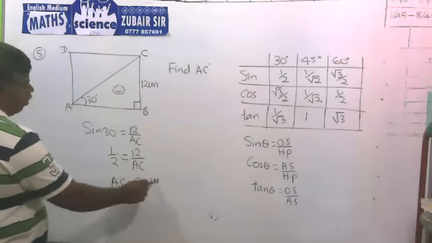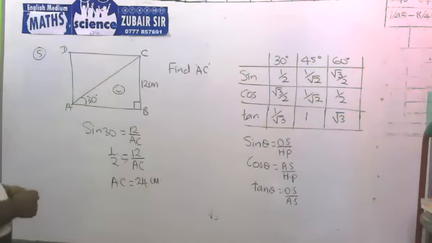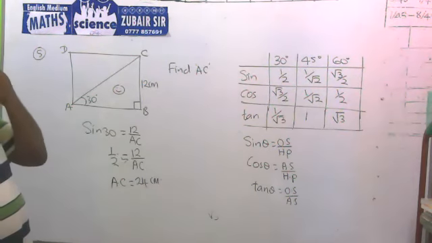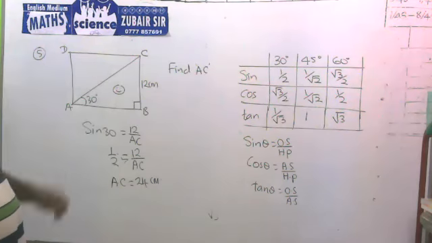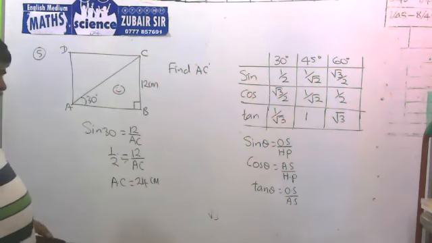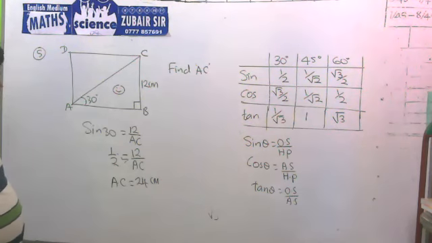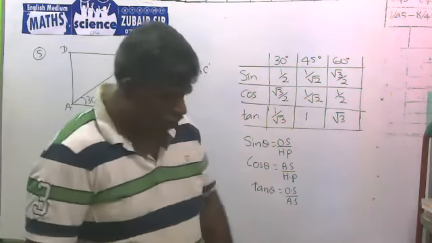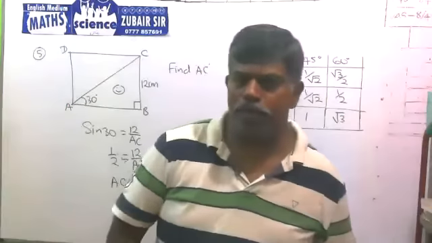So AC equal 24 centimeter. So directly substitute the value and do a cross multiplication.